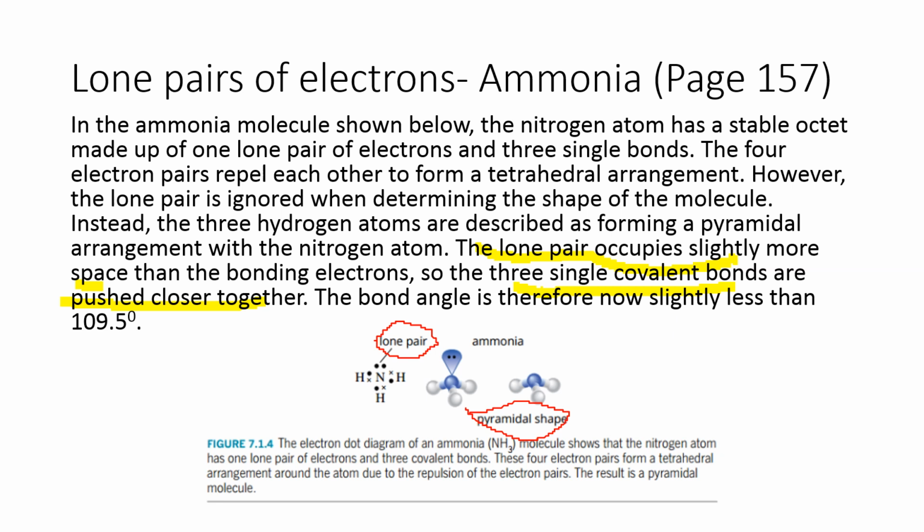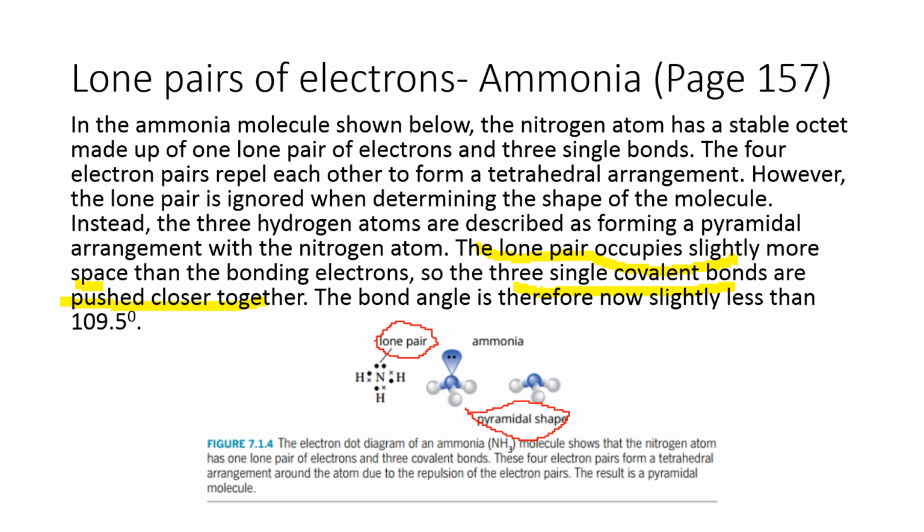So what this is saying is that the repulsion from the lone pair electrons is slightly larger in this sense because it occupies more space than electrons that have been bonded, and that's the reason why the bond angle that you have between the hydrogens at the bottom is less than 109.5. Why is it less than 109.5 degree?